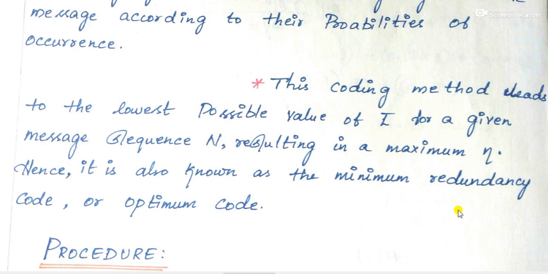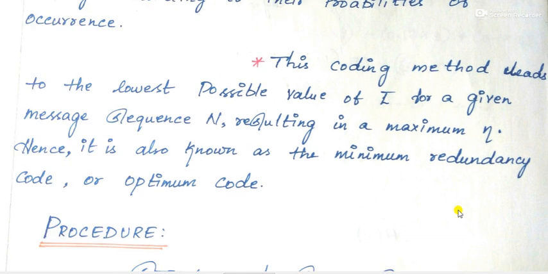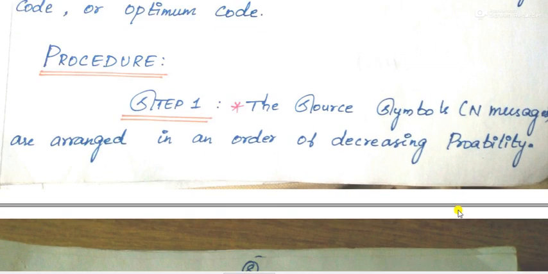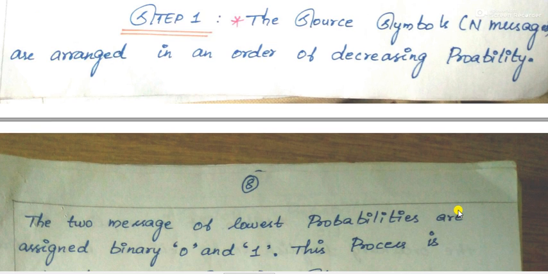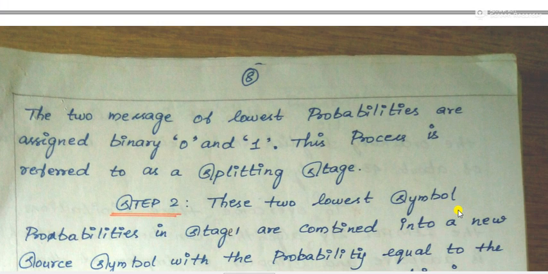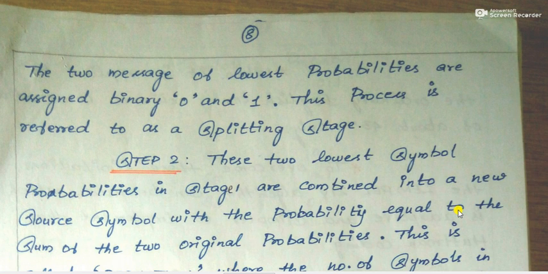So what is the procedure for this code? Step number 1, as usual, the same procedure. We have to arrange all the given source symbols in decreasing order, and the two messages of the lowest probabilities are assigned binary 0 and 1.